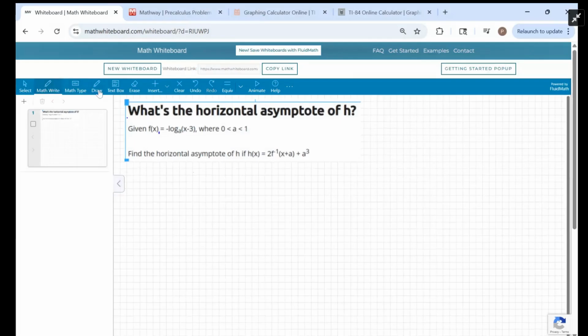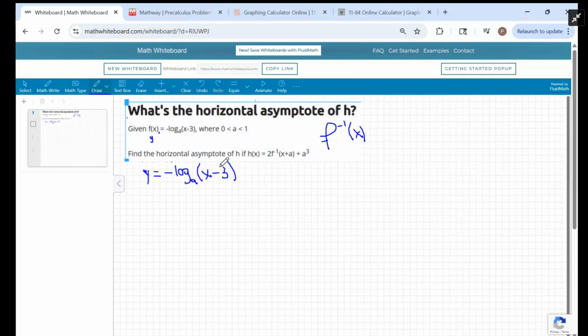So let's start with finding the inverse of f of x. Then we can work our way to the next steps. So f of x here, that's the same thing as y, right? So we're going to replace f of x by y. So y is equal to the negative log base a of x minus 3.